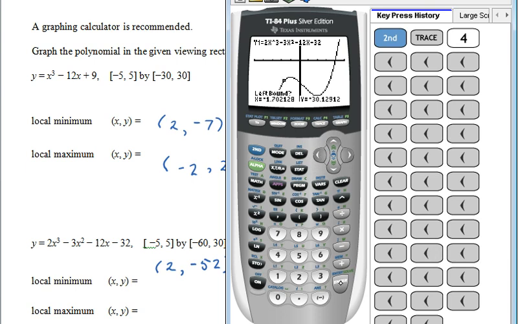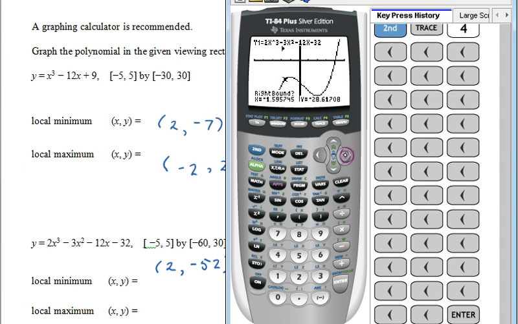Press enter. Move the cursor to the right of the maximum value. Press enter again. Press enter a third time for the calculator to do the calculation of the maximum. And we see that the local maximum is -25, and it occurs when x equals -1.